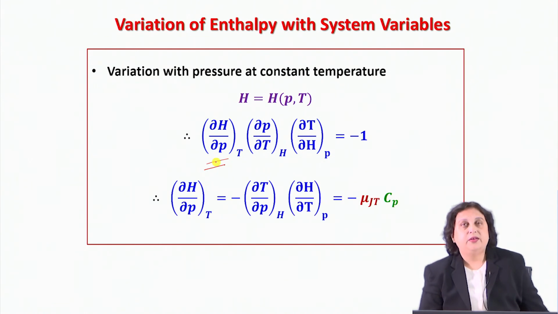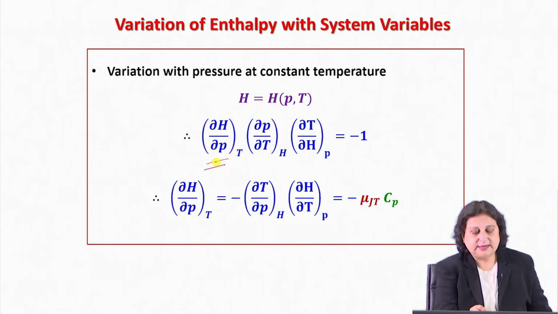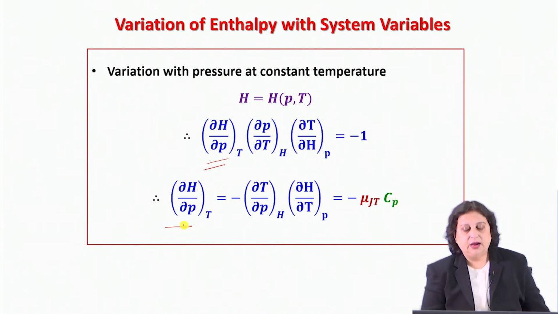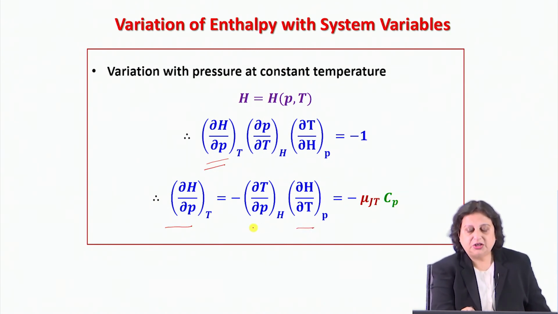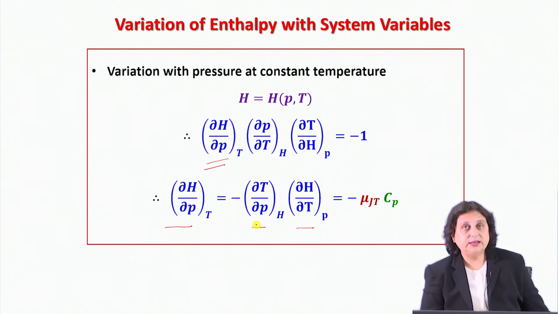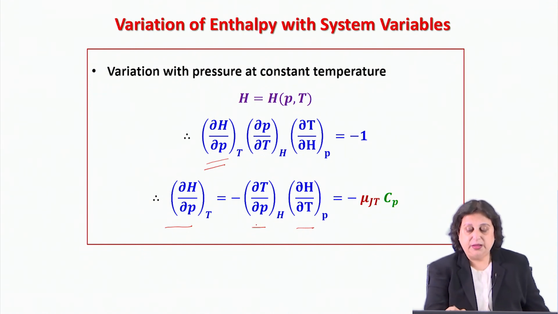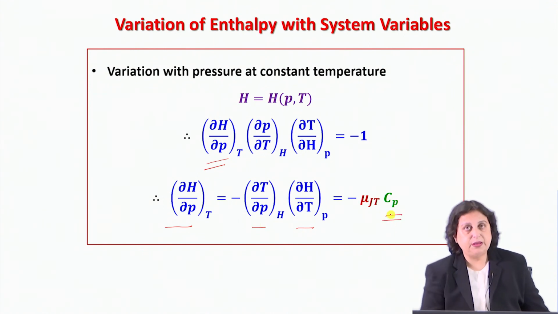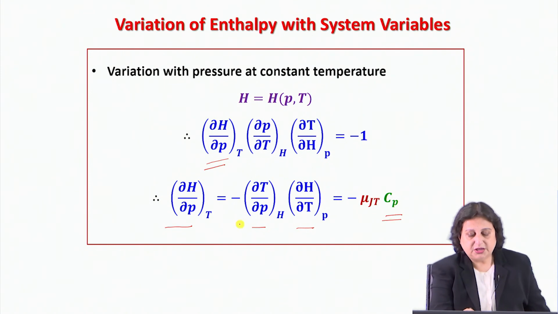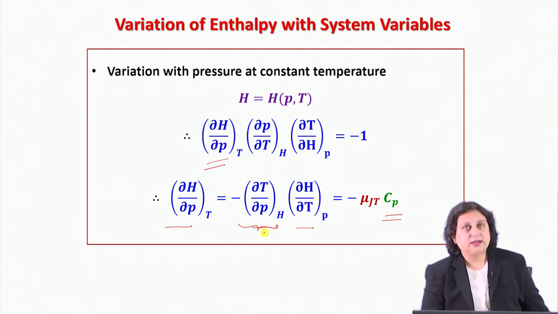If I rearrange these two things, I find that (del H / del P) at constant T now depends on two partial derivatives. Of these, one is a partial derivative that we already know, (del H / del T) at constant P, which is nothing but Cp. There is another partial derivative that I find here. I will call it mu JT.